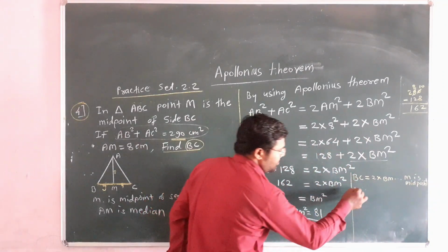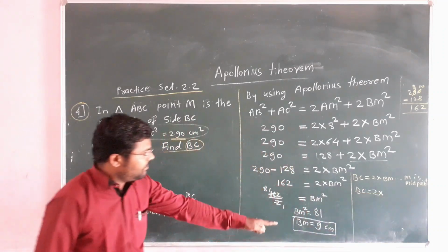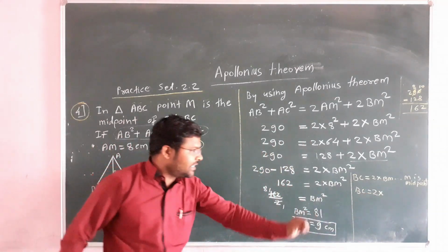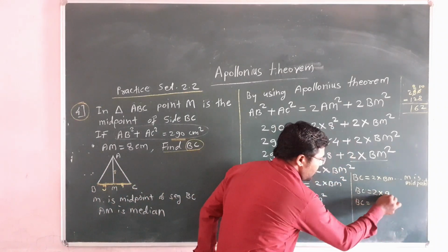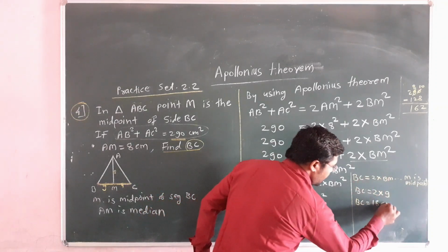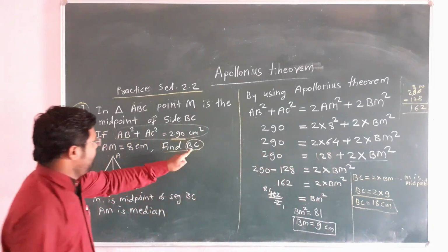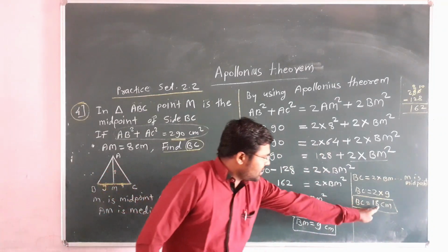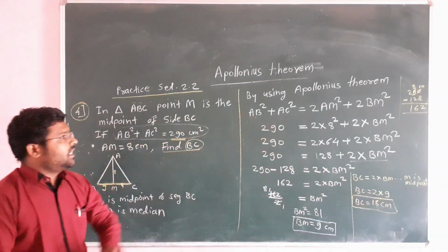So BC is equal to 2 into the length of BM. BM is 9 centimeters, so write here 9. So BC is equal to 2 times 9, which is 18. And the unit is centimeter. So the length of BC we find here is equal to 18 centimeter by using Apollonius theorem.